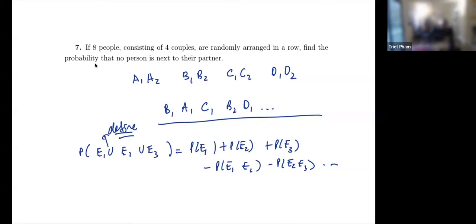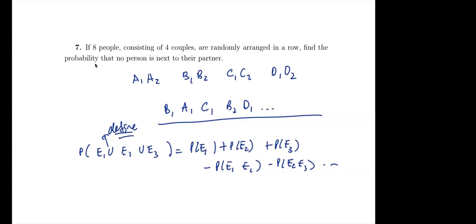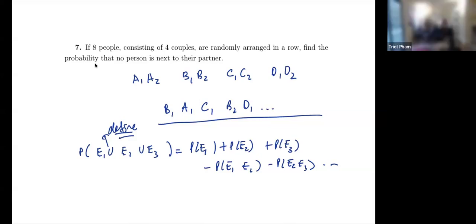So what events do we have in mind here? I guess the events would just be every possible ordering between these eight people. That's not an event. Every possible ordering is a count.